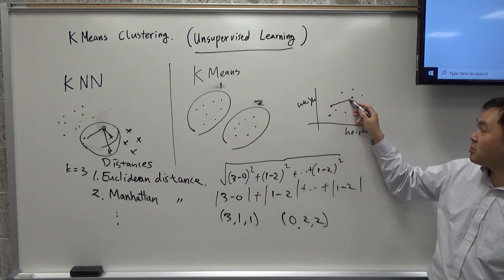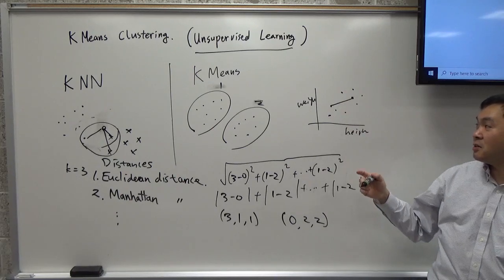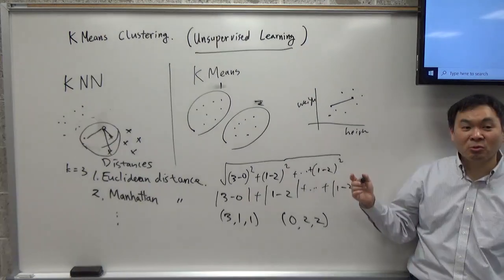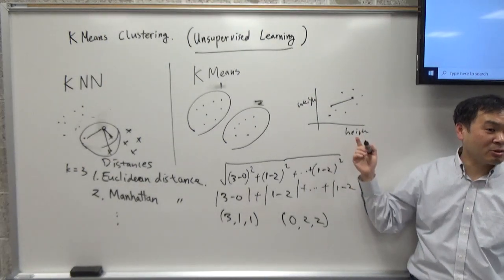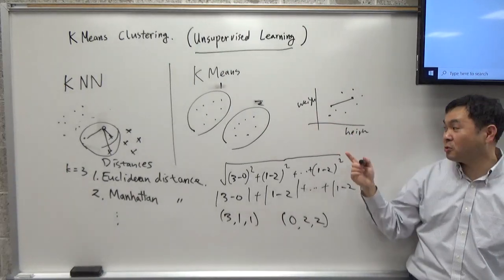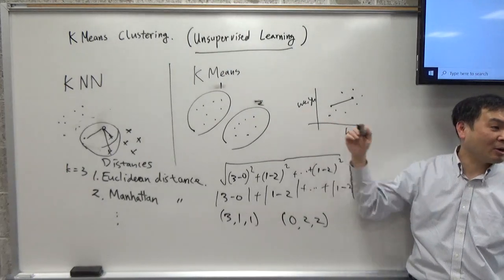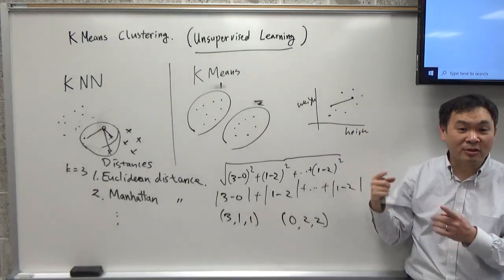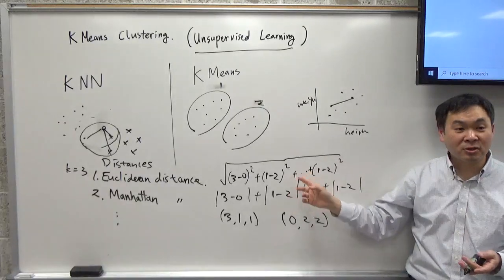Then when you measure this distance, the value of the distance will change dramatically if you work with the centimeter kilogram system for the height and weight, or if you use inches and pound system, because the scales will be different, right? So you will get different values.